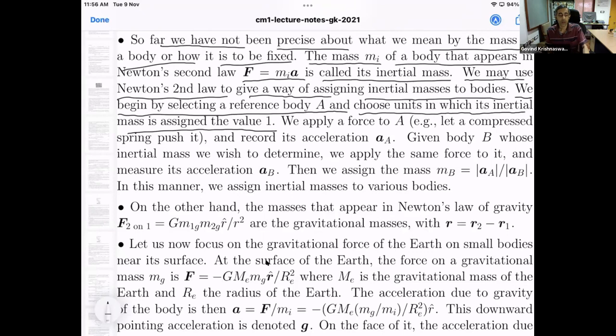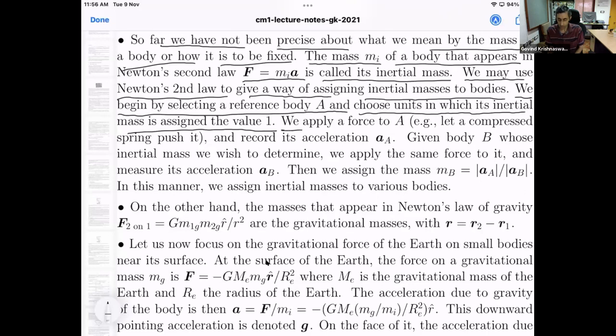So this unit is not necessarily the kilogram or gram. It is some unit. You can give it some name temporarily. But in any case, we will assign the value 1 to the mass of our reference body. Our reference body is called body A.